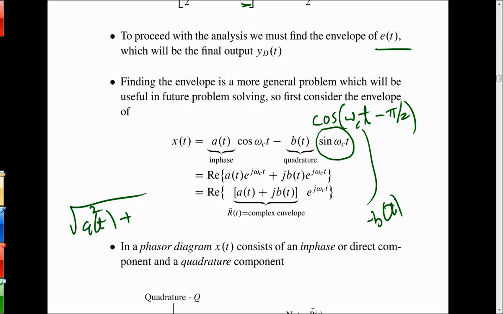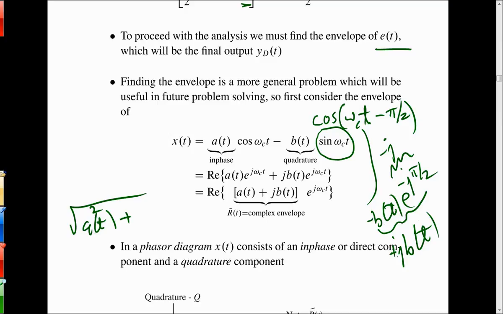And then in order to handle that minus pi over 2, I have to put in minus j pi over 2, right? And then I have to do some other factoring in here. Namely, I'd have a j that would come out of here. This would come down to be j b of t, because the e to the minus j pi over 2, that is a minus j, right? Yeah. And then the minus j with the minus sign becomes a plus j.